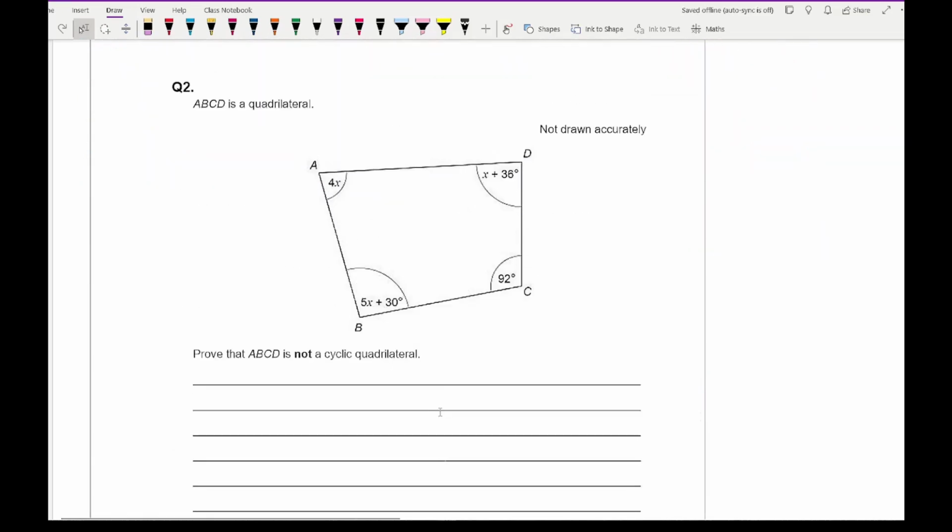Moving on to question 2, it says ABCD is a quadrilateral. Prove that ABCD is not a cyclic quadrilateral. With this particular question, we need to state what rule we're going to use. If ABCD was a cyclic quadrilateral, then opposite angles will equal 180 degrees.